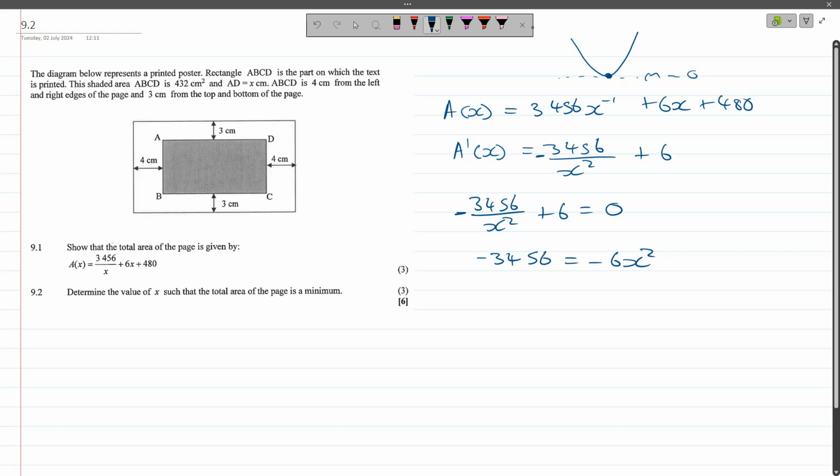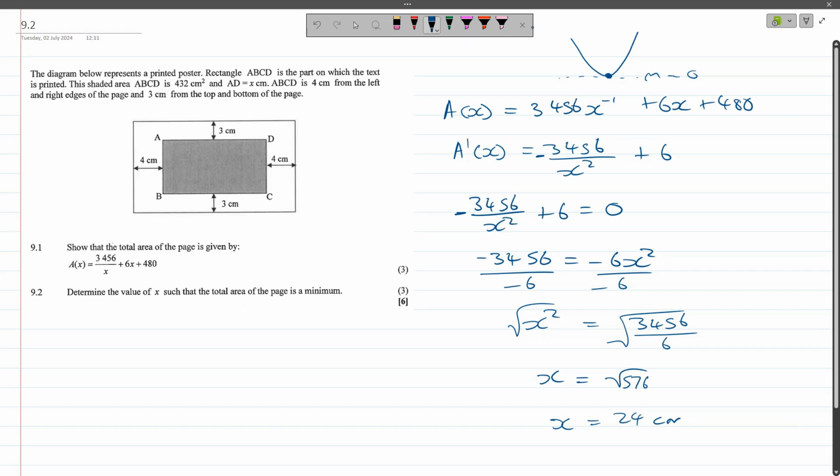And then what we can do here is divide both sides by minus 6, and then have x squared is equal to 3456 over 6, and then take the square root of that to get an x value of 576, or the square root of 576, which should give us an x value of 24 centimeters.